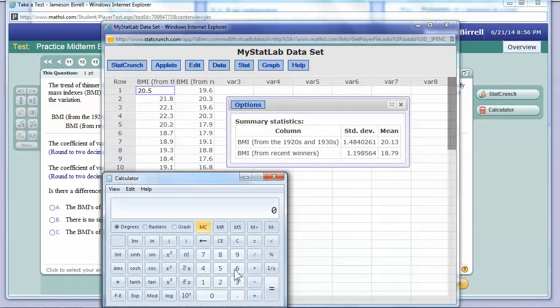So for the first one, we'll take 1.48 and divide that by 20/1300ths, and then turn this into a percent and round it to 1/10 of a decimal. So this has a coefficient of variation of 7.4.